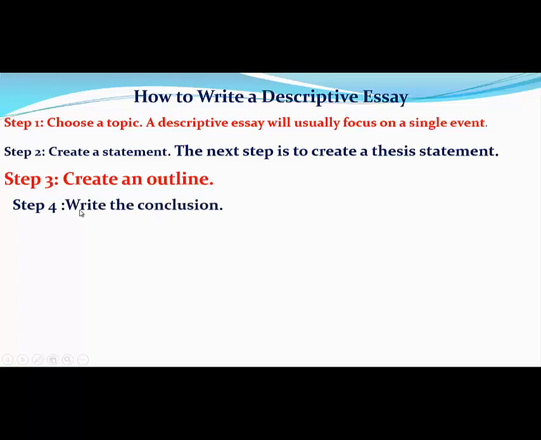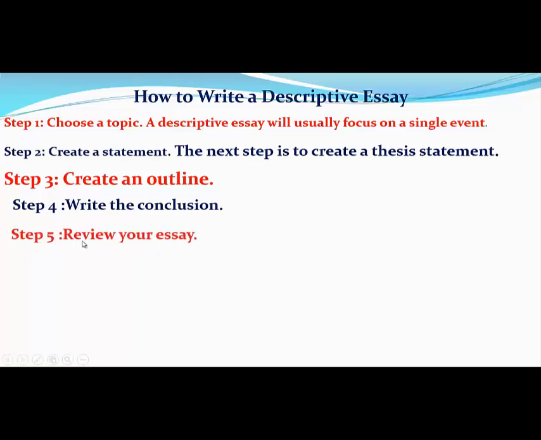Step number 4, to write the conclusion. So we have an introduction, and we have to write first of all the outline, which consists of an introduction, a body, and a conclusion.